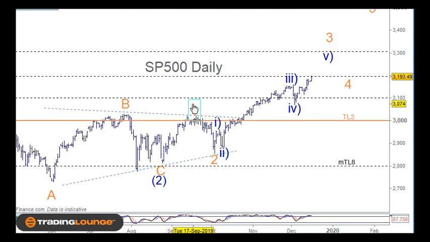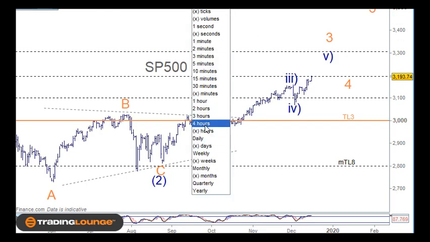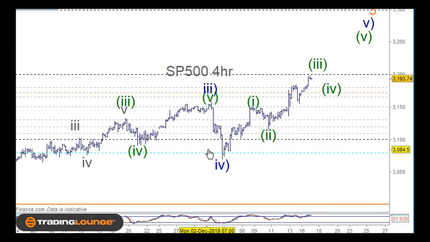And wave 1 and 2, and 1 and 2 and 3 and 4, and moving up here for wave 5 of 3, then 4 and then 5 and so on. So just breaking that back down into the 4-hour chart now.